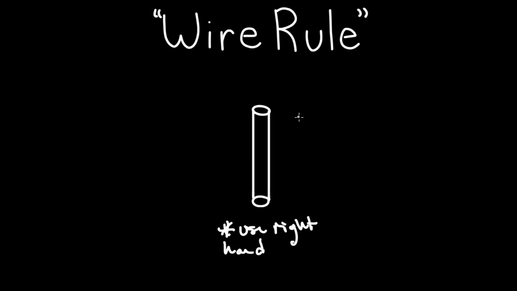So the first one is the wire rule. And the wire rule states that for a current flowing through a wire, there is a magnetic field generated perpendicular to that wire. And so what that looks like, if the current is flowing towards the top of the page, then there's going to be a magnetic field generated like this, going around the other side of the page.